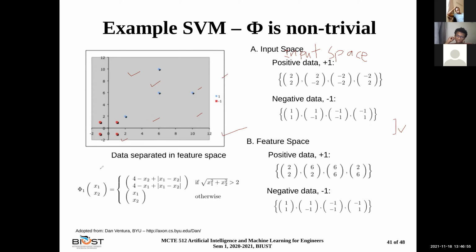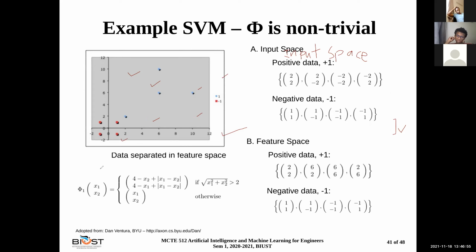Okay, so now x1, the absolute value of x1 minus x2. So what was the first value? This one is the input space. For example, let's do 2, 2. So 2, 2, this is x1 minus x2, that's 0. And then here, this is x2, 4 minus 2, that's a 2. So x1 is 2, that's that one.